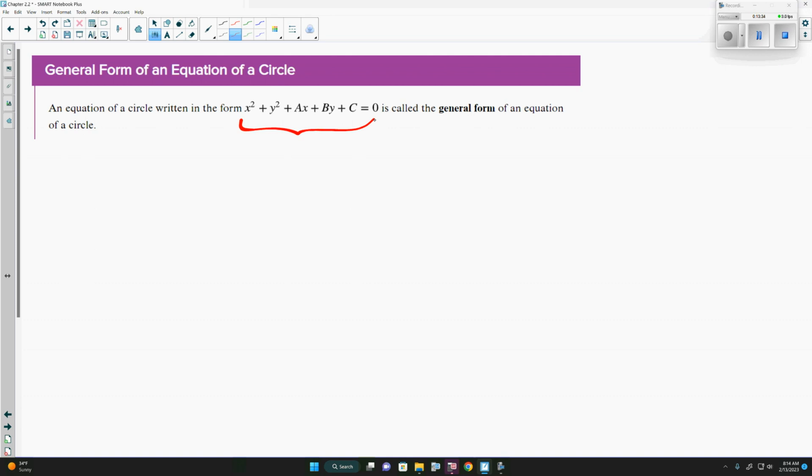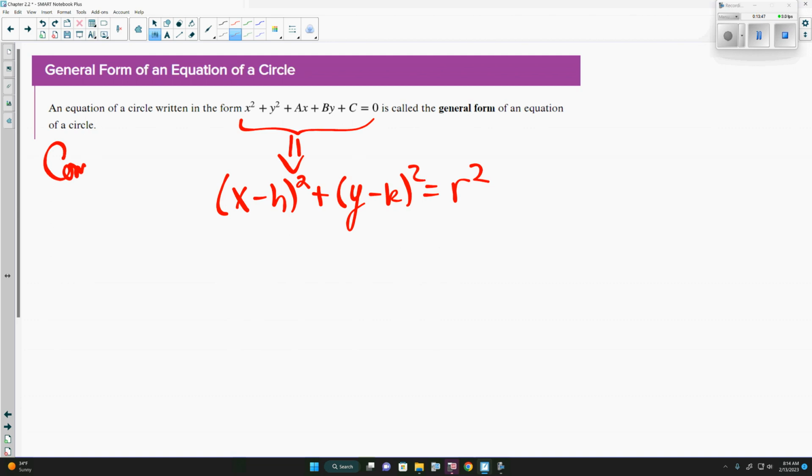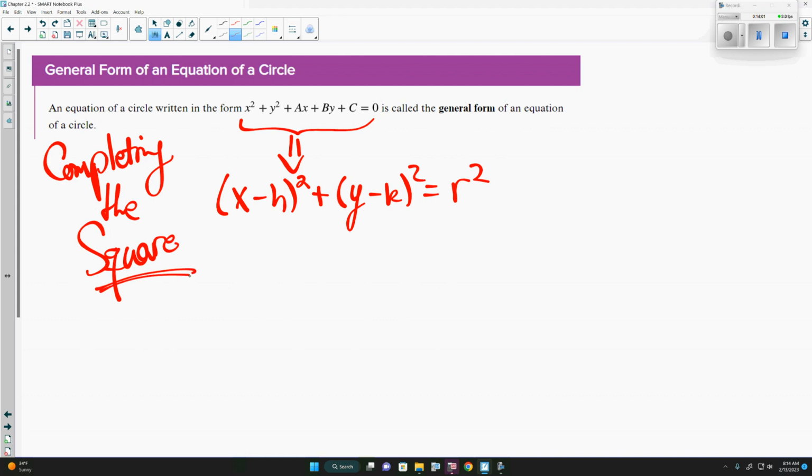Which means we need to take it from this form back into x minus h squared plus y minus k squared is equal to r squared. Which means we're going to have to complete the square.